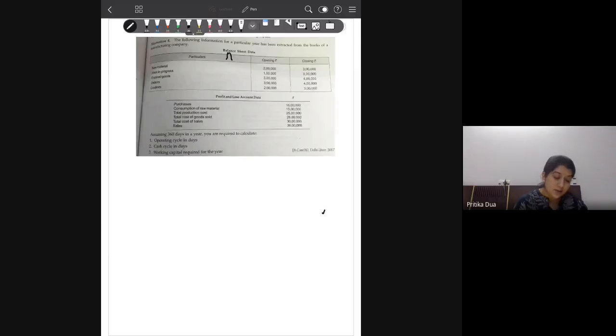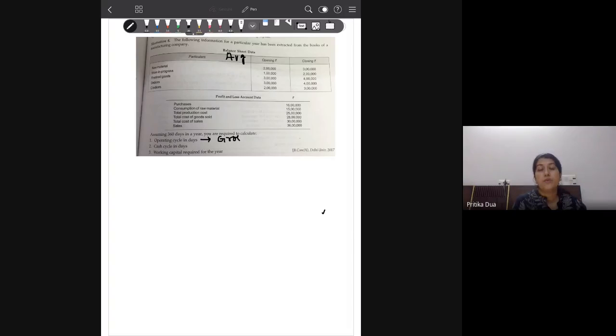After that, in the question, you are given some data from your profit and loss account, and assuming 360 days in a year, you have to calculate the operating cycle in number of days, cash cycle in number of days, and working capital required for the year. In this question, operating cycle means the gross operating cycle.